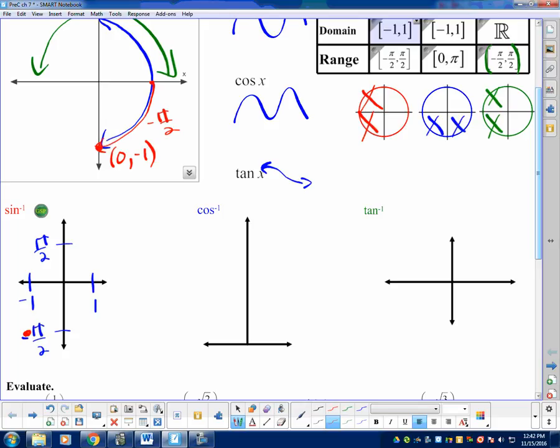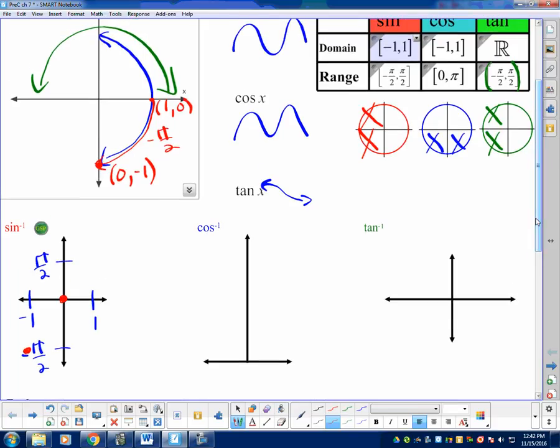What about at 0? Sine of 0 is, this is the coordinate 1, 0, so sine of 0 is 0. So at 0, I should be at 0. And then if I plug in 1, if I ask what angle gives me a sine of 1?